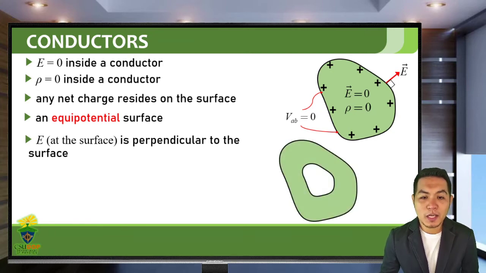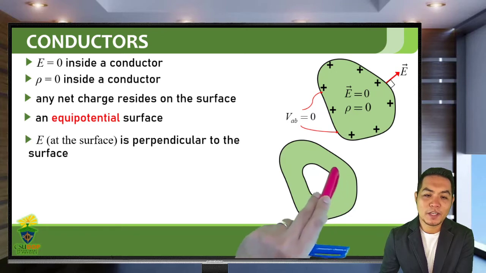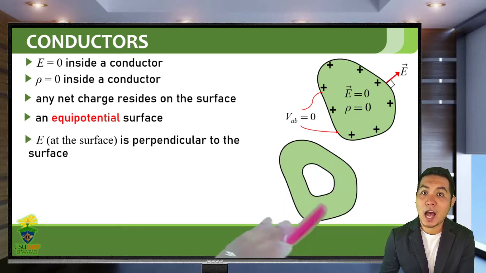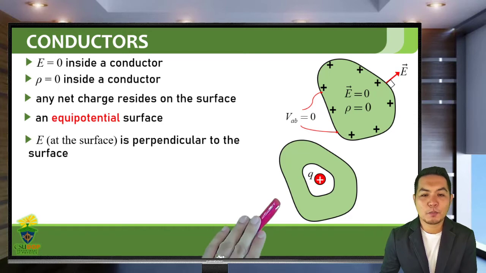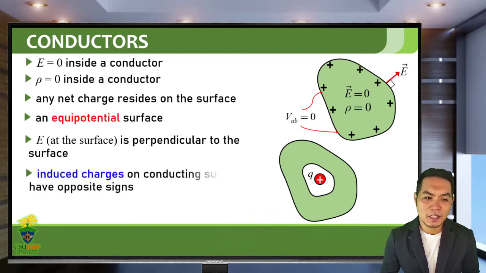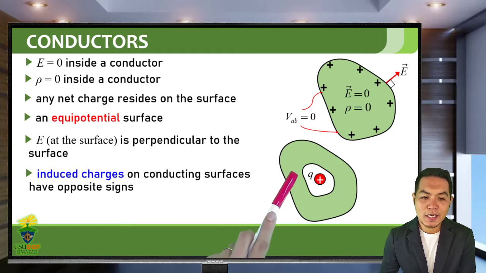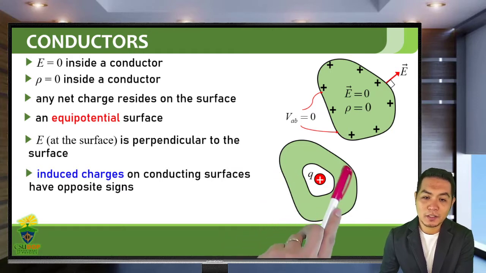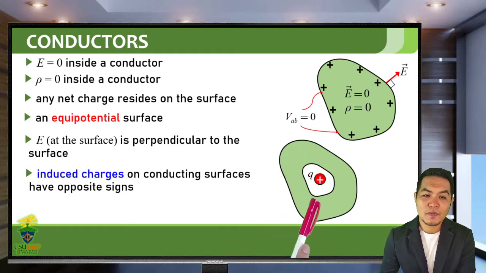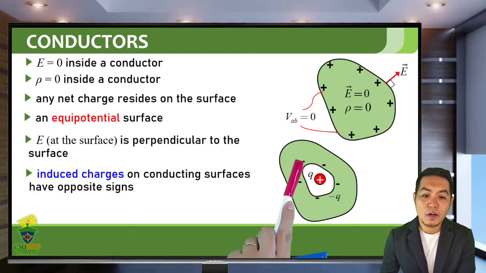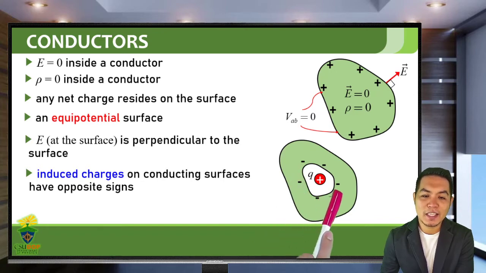So if you have a conductor with a cavity, a hollow space inside, and you put a positive charge Q inside the cavity, then there will be induced charges on the two surfaces of your conductor. Assuming this conductor is initially neutral, if you place a point charge Q in the cavity, then there will be negative Q worth of induced charge on the inner surface.